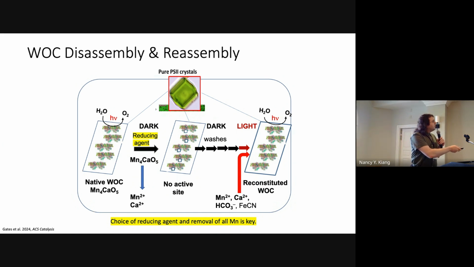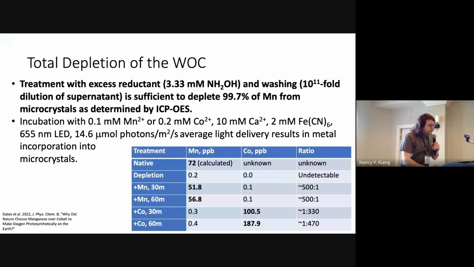So photosystem 2 is really interesting because even after you've taken out its catalyst, it will reassemble a new one by taking up manganese, calcium, and bicarbonate if you have an adequate light level and available electron acceptor.